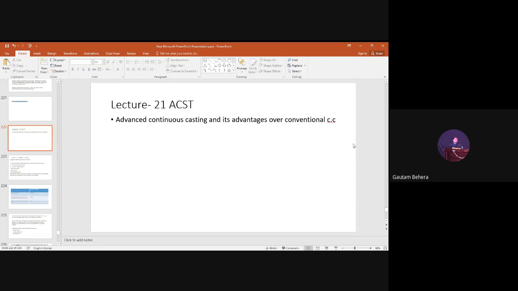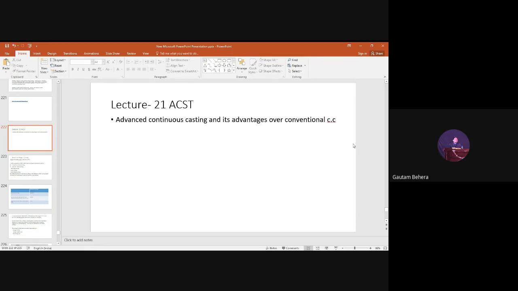The second important part is the quality. The quality of the product should be superior. In terms of its properties, as we have discussed, many metallurgical attributes: it should contain fewer inclusions, and the microstructure should be good, finer, to provide good strength, right?